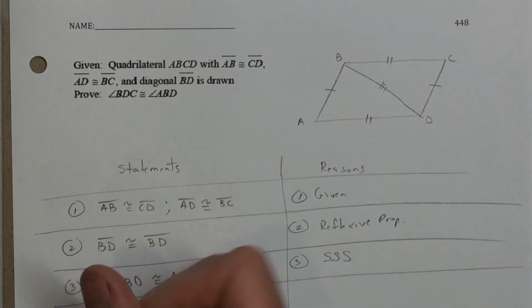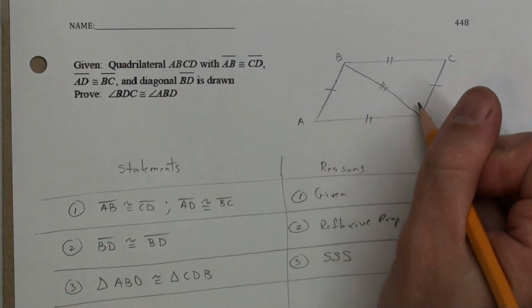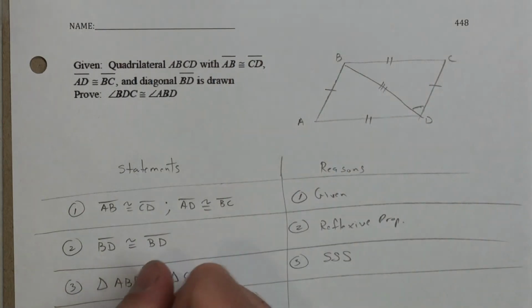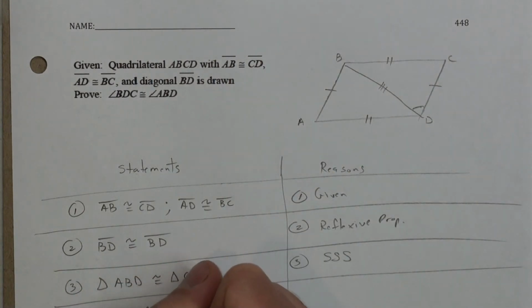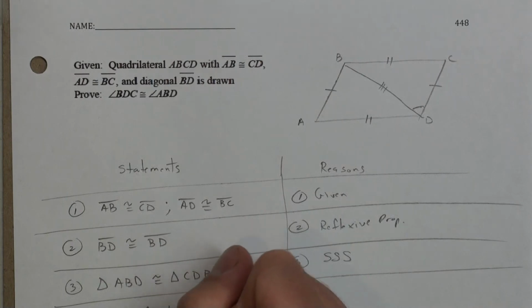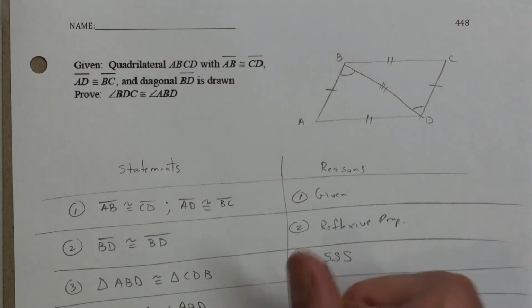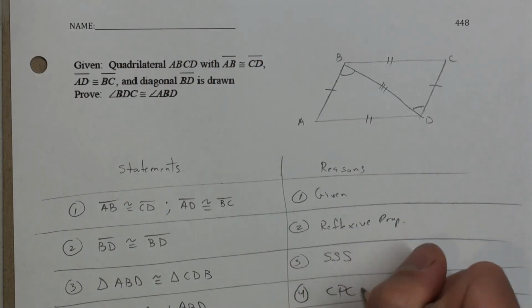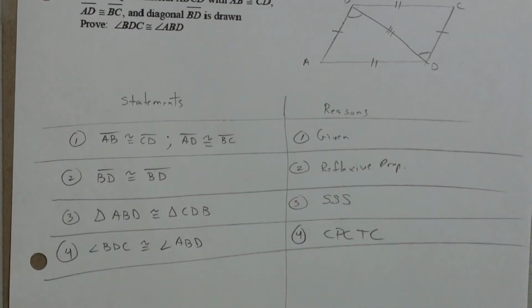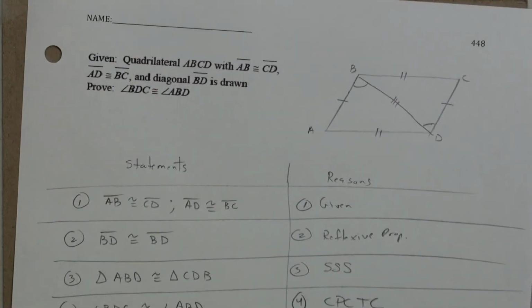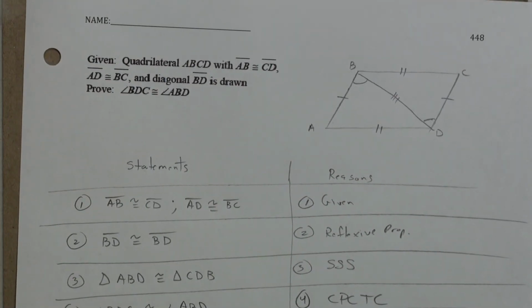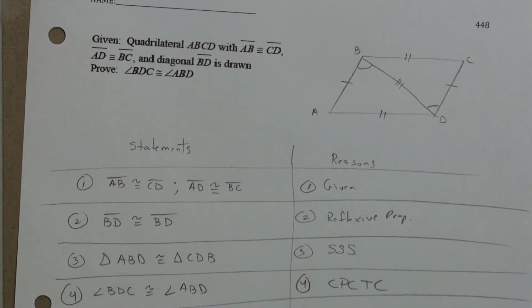And now we can say that angle BDC is congruent to angle ABD because of CPCTC. Okay? So that one was pretty straightforward.